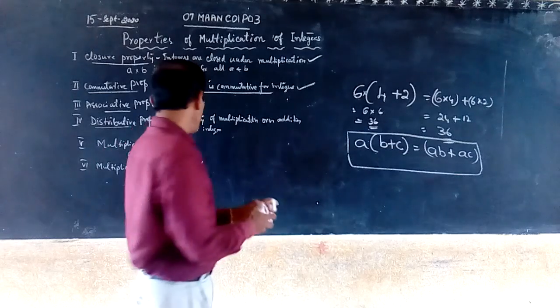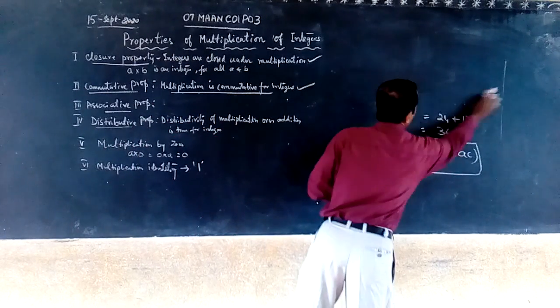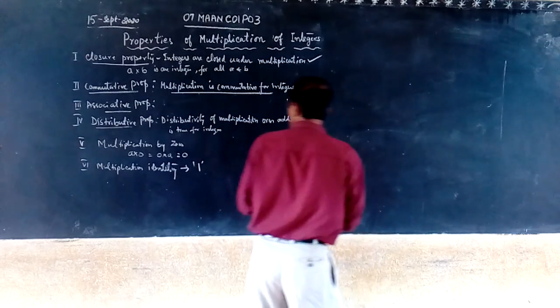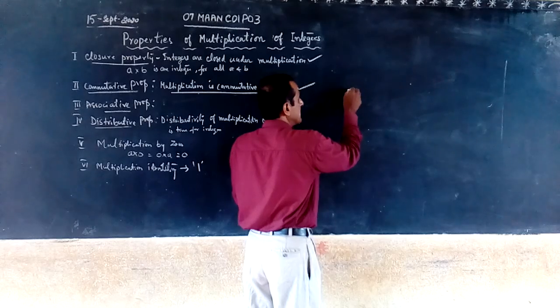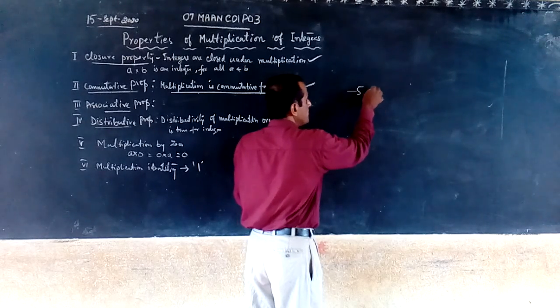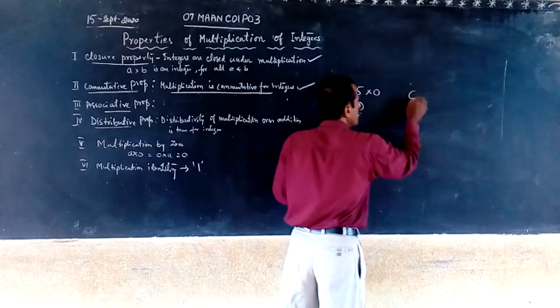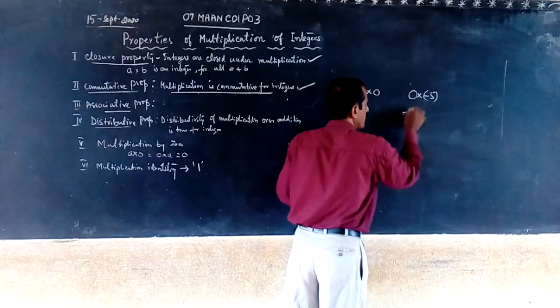Okay. Next, multiplication by 0. If you multiply an integer by 0, what is the product? Say an integer, minus 5. If it is multiplied by 0, the answer is 0. Or 0 multiplied by minus 5, then also the answer is 0.